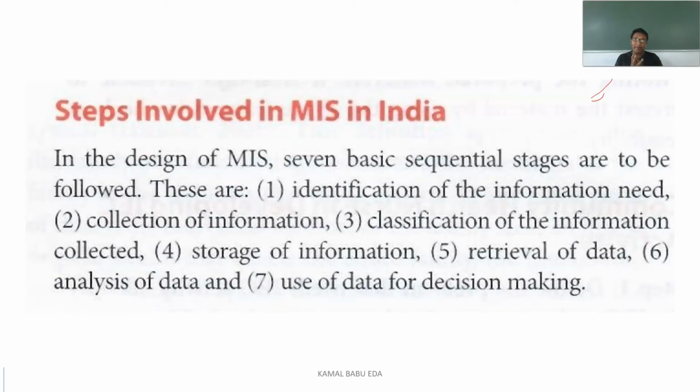For example, how many diabetic patients are there, how many hypertensive patients, how many disabled persons. You classify accordingly: in which age group, and in which comorbidity patients that disease is occurring more. You have to classify it in a proper manner.